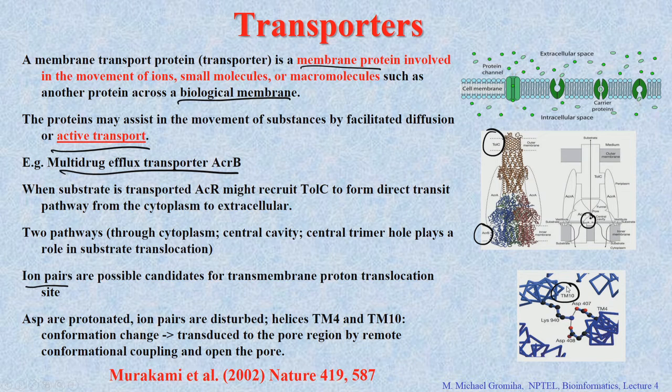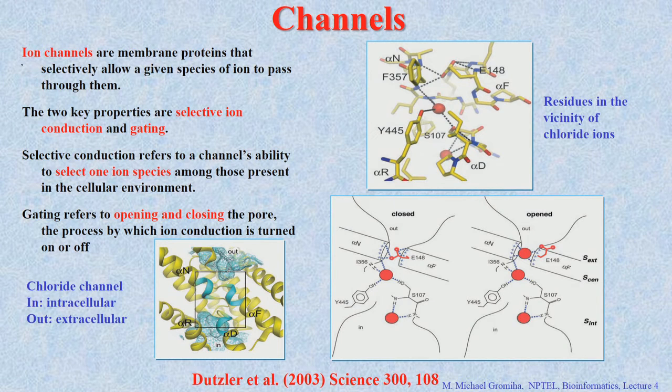So transmembrane helix 10 changes conformation, and due to the pumping mechanism the substrate is pulled out through the outer membrane to the outside. This is how they do the transport mechanism. Likewise, there are various transporters known in the literature, but they have different mechanisms to transport ions and molecules across the membrane.